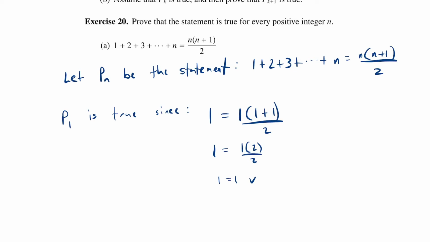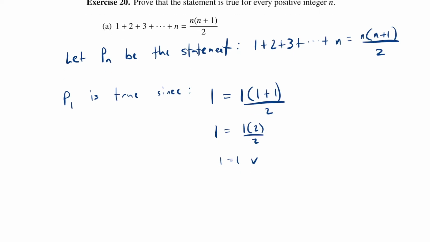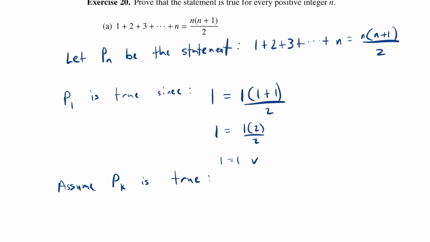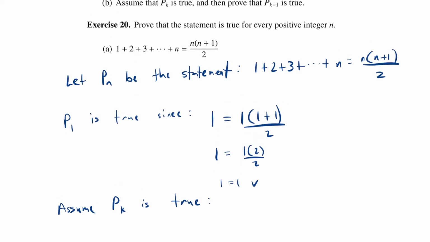All right, now the next step in the process is to assume that P sub k is true. So that means that we're assuming that the statement is true for some arbitrary k.